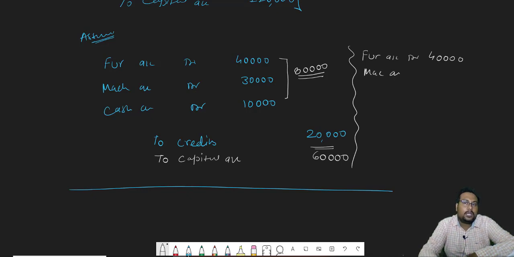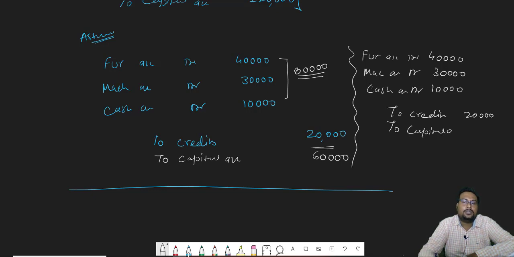Furniture account debit 40,000, machinery account debit 30,000, cash account debit 10,000. To creditors 20,000. To capital account 50,000.